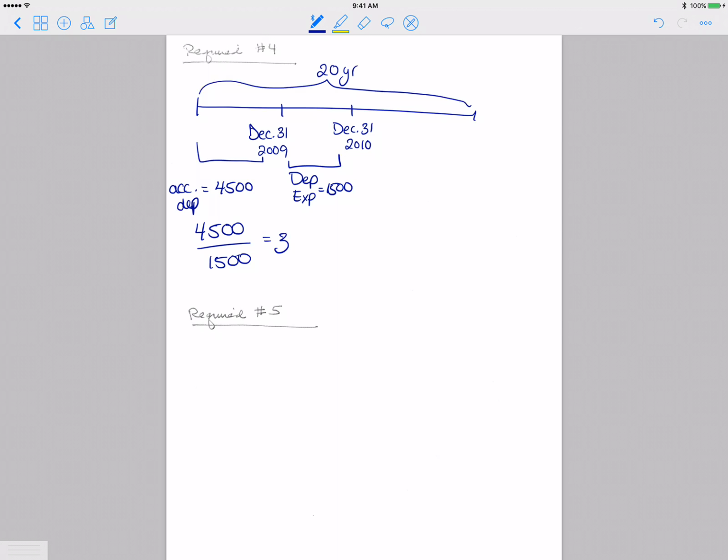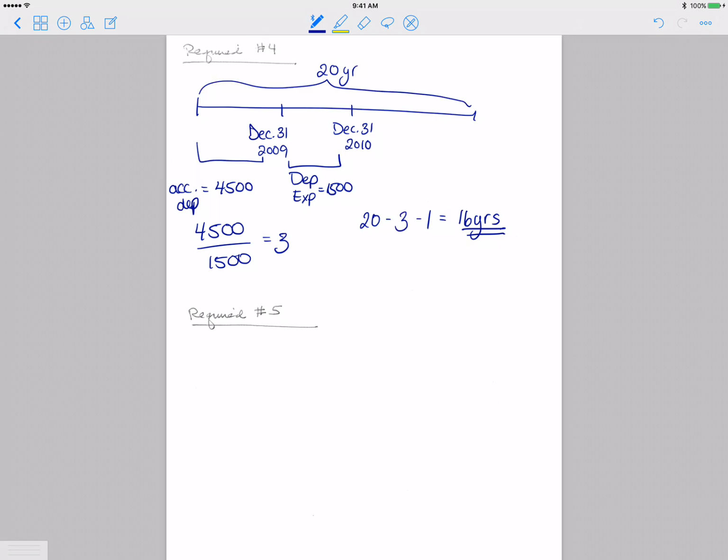So we know that we have a total of 20 years. Our first 3 years were before 2009. 2010 was the additional year, which means that as at December 31st, 2010, we have 16 years left of useful life for this equipment. And now let's look at requirement number 5.